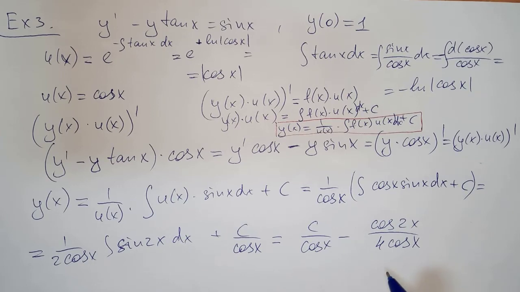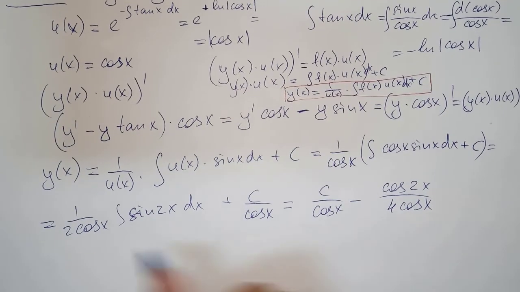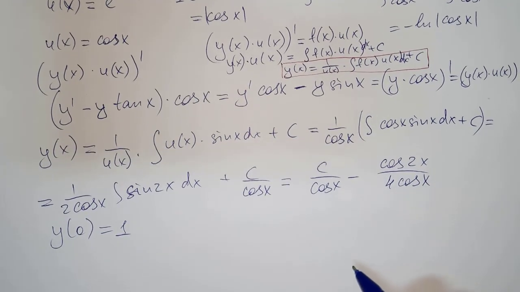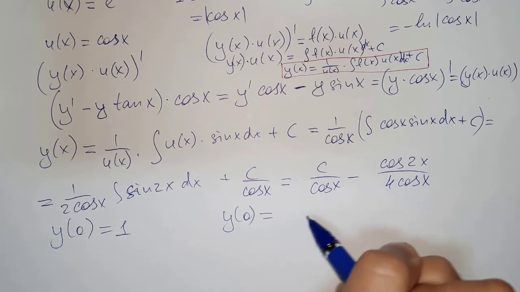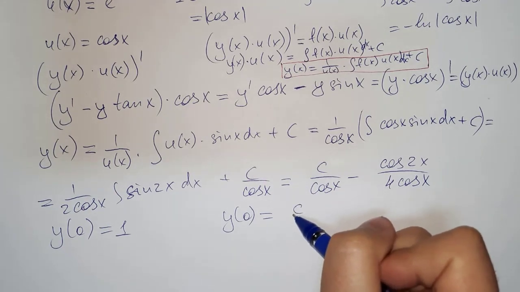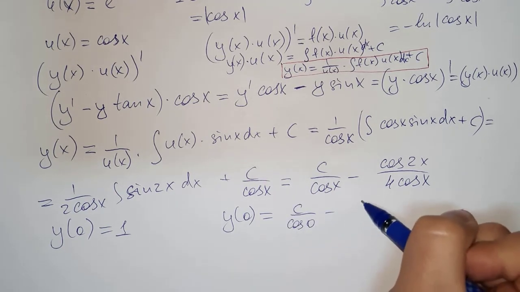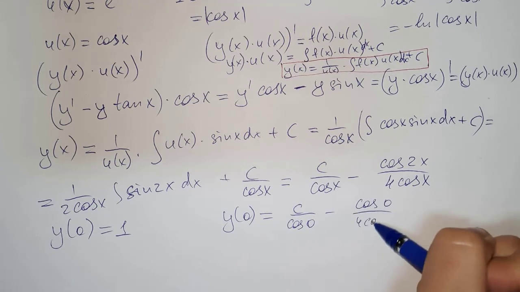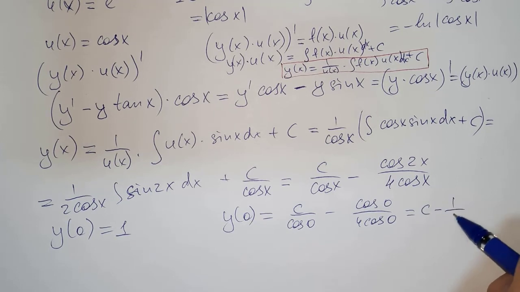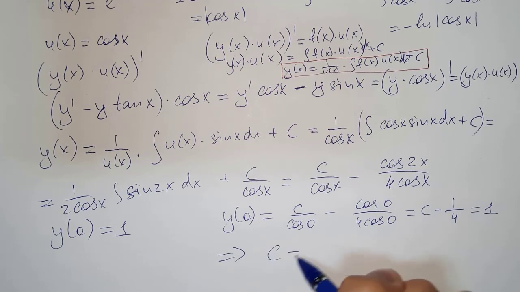So we have the initial condition, y(0) is 1. Let's put it in and find this constant. So y(0) is c over cosine 0 minus cosine 0 over 4 cosine 0. Cosine 0 is 1, so we have c minus 1 over 4, and it equals 1. Hence c is 5 over 4.